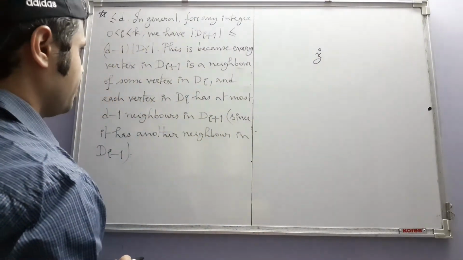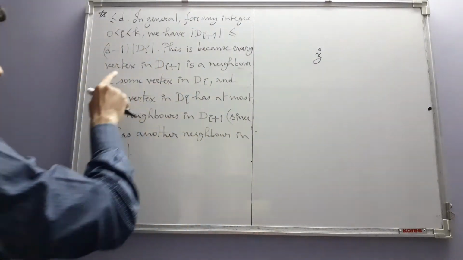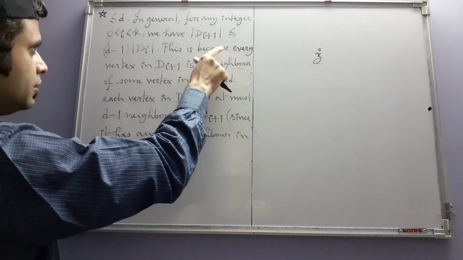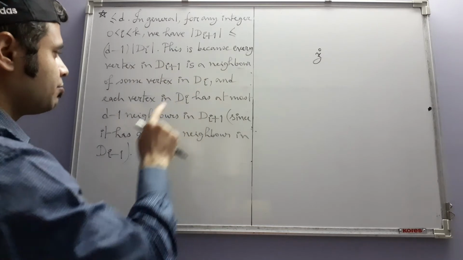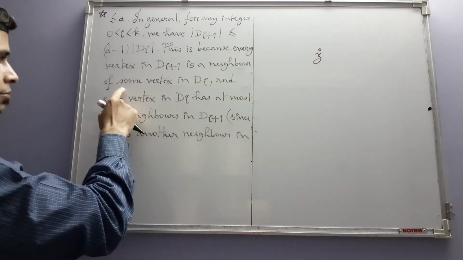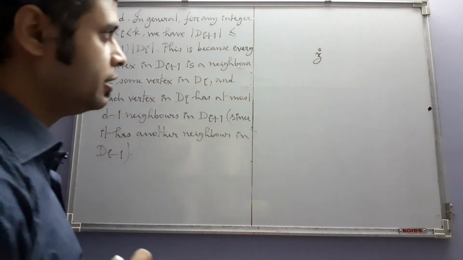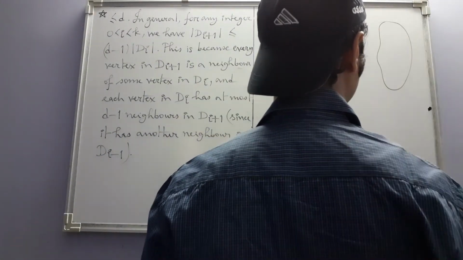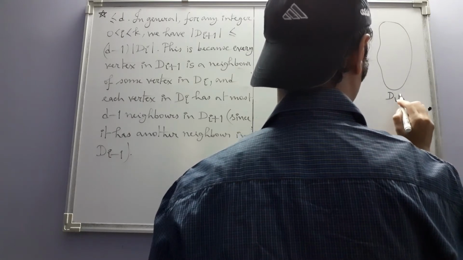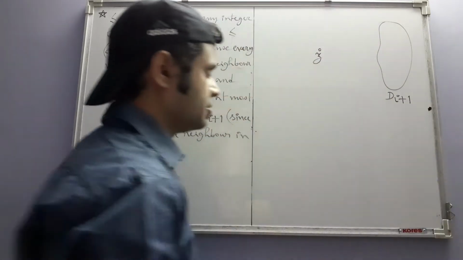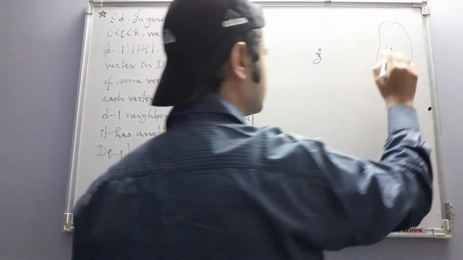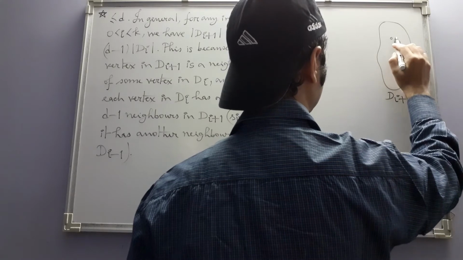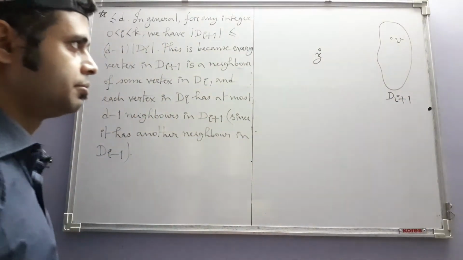Now, the first part of these justifications is that every vertex in D_{i+1} is a neighbor of some vertex in D_i. Let us see. So this is D_{i+1}, which is a set of some vertices. So we consider an arbitrary vertex, say v in D_{i+1}.